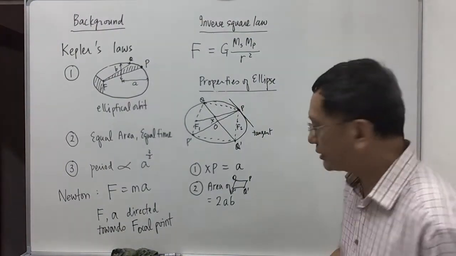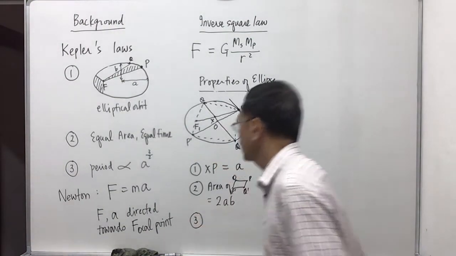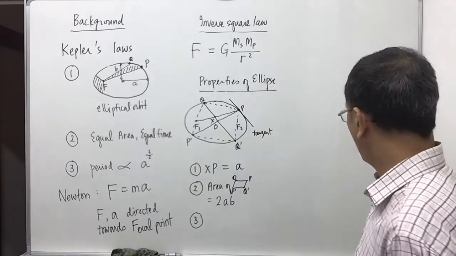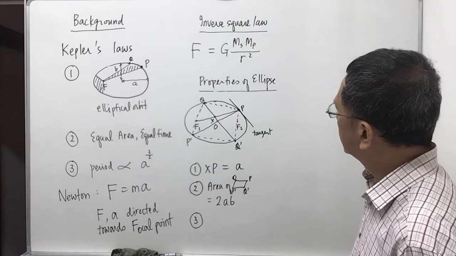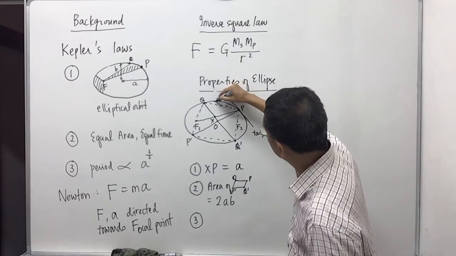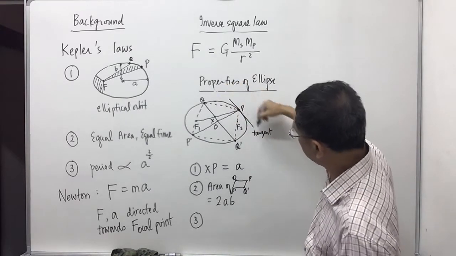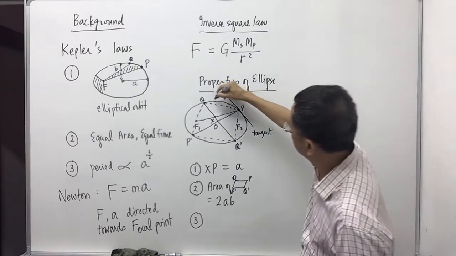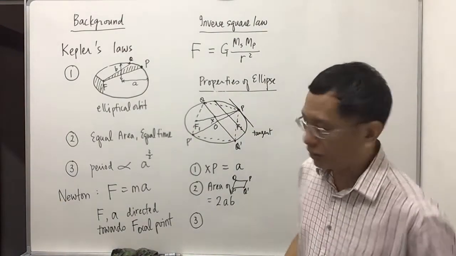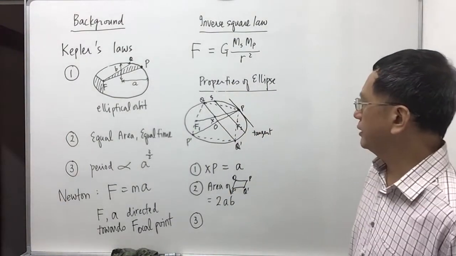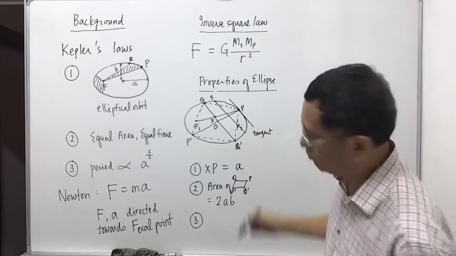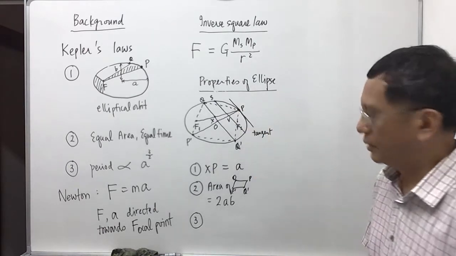Now the last one that we're going to make use of is a ratio, okay? And I'm going to construct some more points, okay? First, if I draw another line, okay, that is going to be parallel to the tangent, also parallel to QQ prime, right? Let's just draw a line, okay? And let's call this point S, okay? And call the intersection here with OP, V, okay?